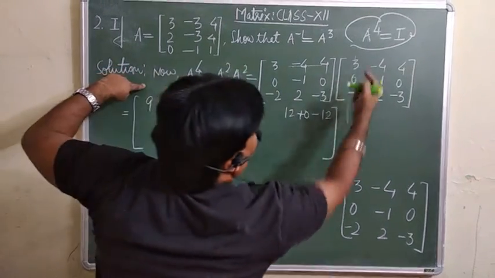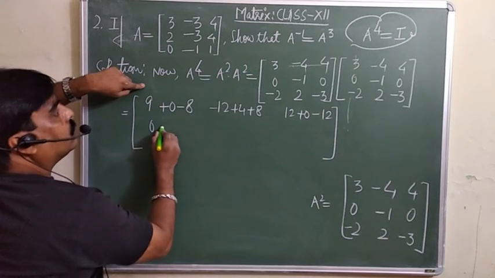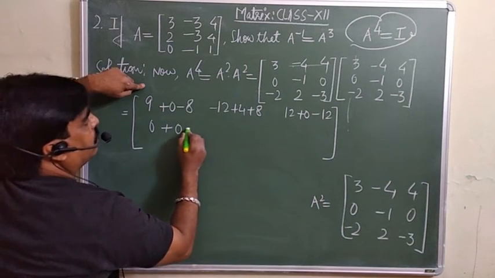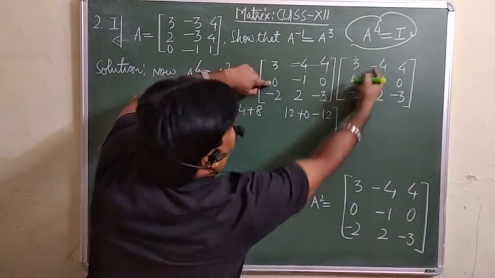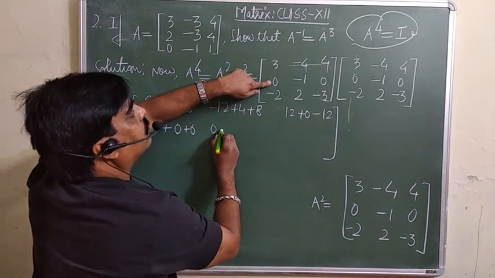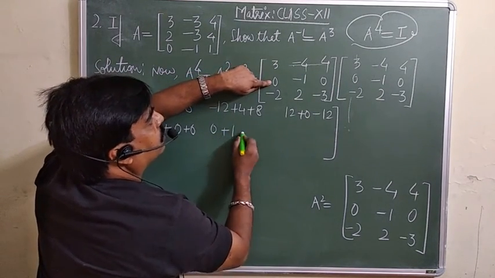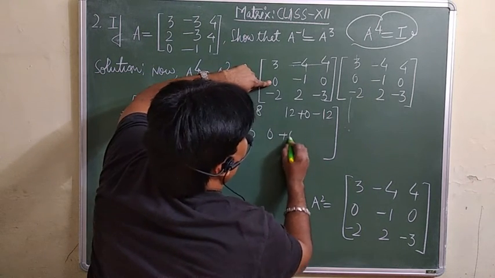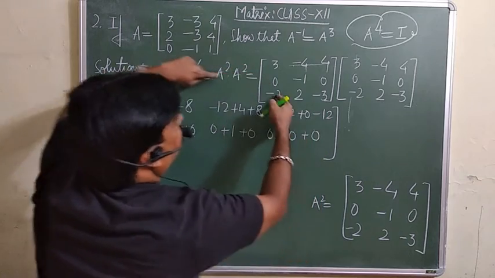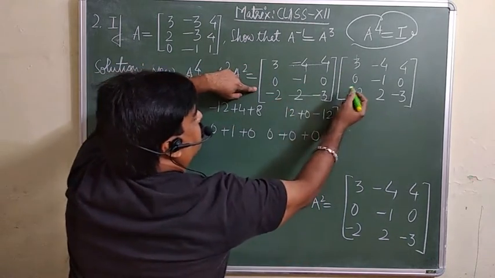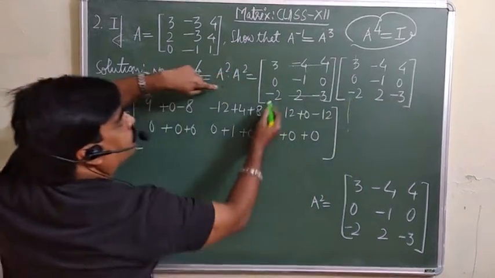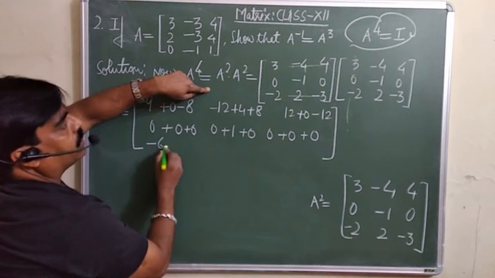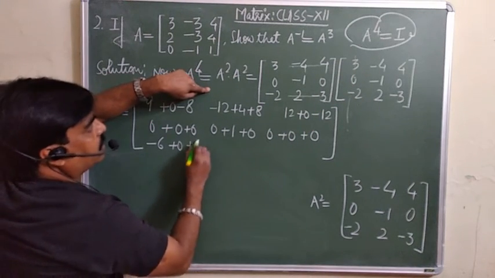Here you will multiply: 0 plus 0 plus 0. This is 0 plus 1 plus 0, 0 plus 0 plus 0. For this minus 2, this third row will be multiplied with every column. So minus 2 into 3 is minus 6 plus 0 plus 6.